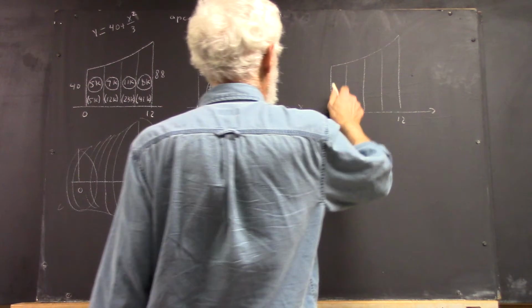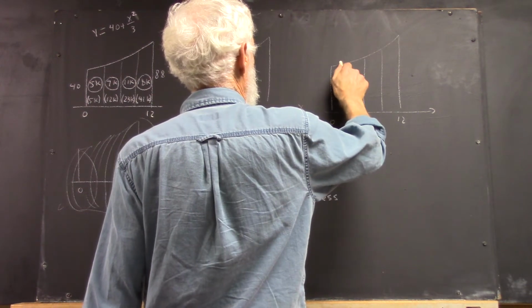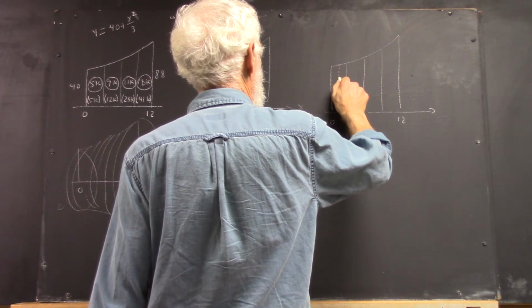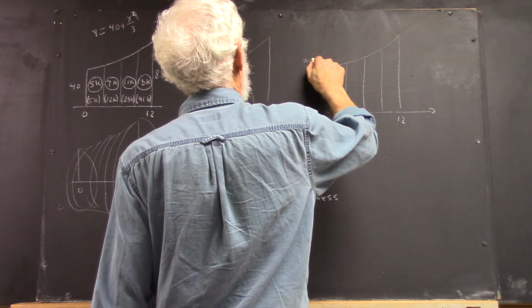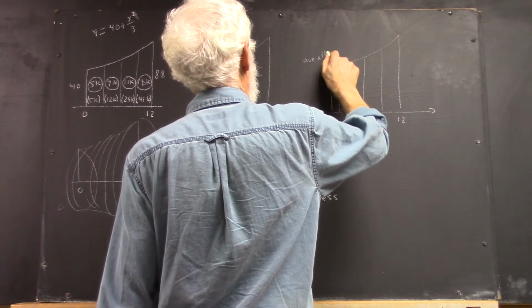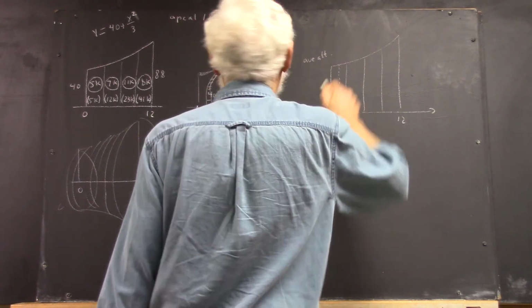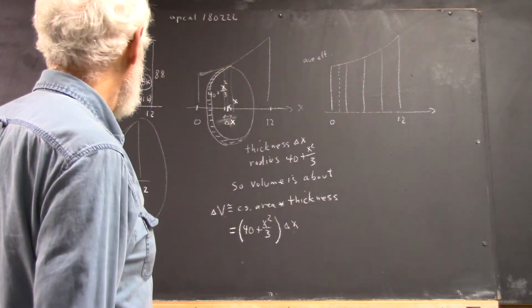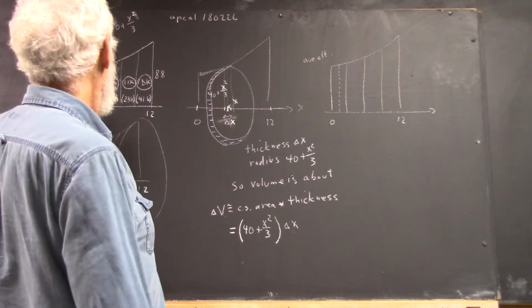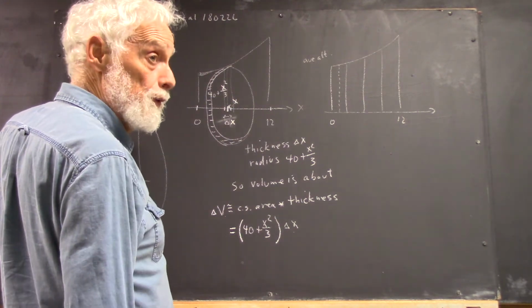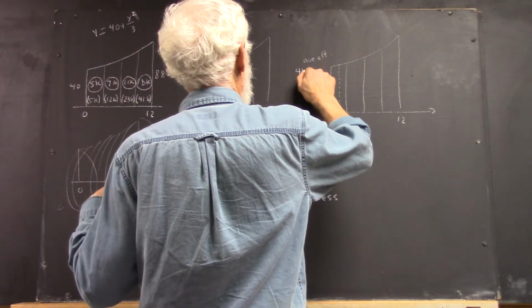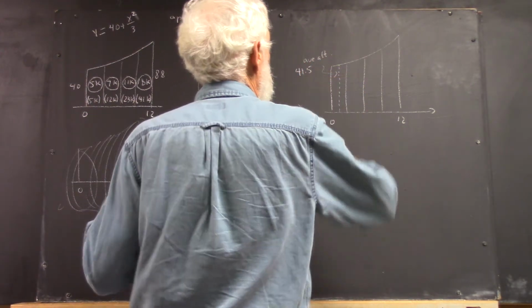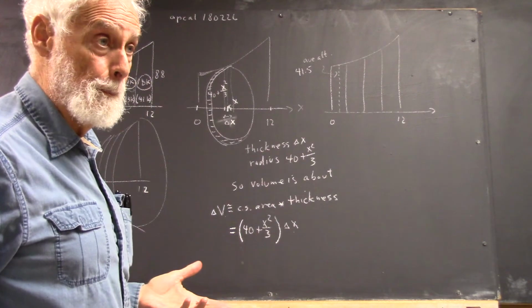And using the average altitudes, well, this is 40, and this is 40 plus 3 squared over 3, which is 43. So the average is 41.5, just as an example.